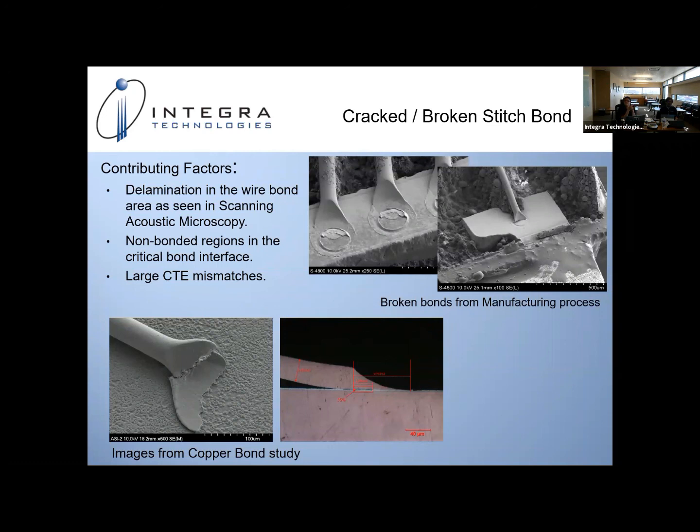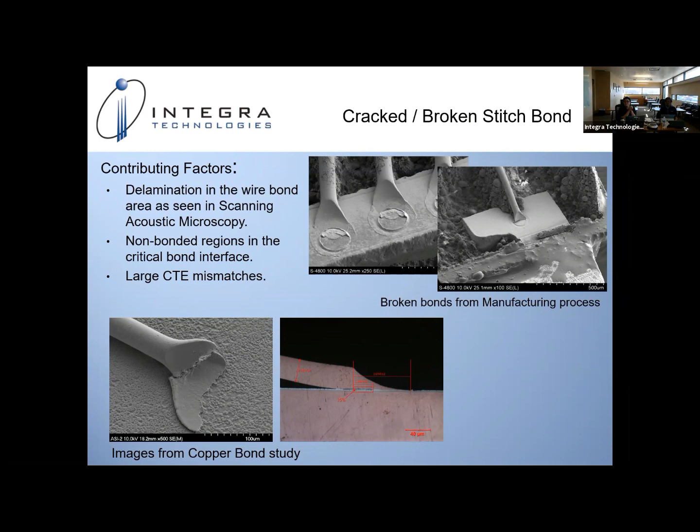So TI has written some really good papers on copper bond wire, and one of the things they talk about is that delamination by itself is not necessarily a problem, but when it comes to copper bond wire, it may be a problem, because with delamination on a copper bond wire there's very little forgiveness.